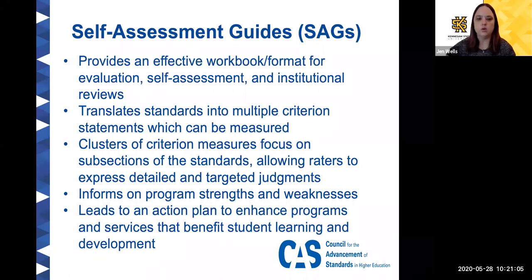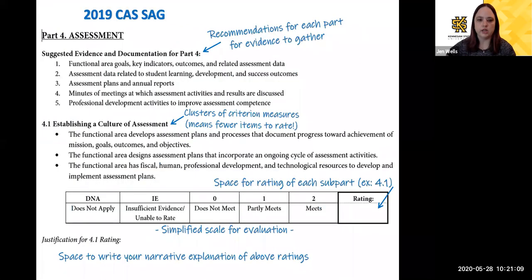And so on the next page, it shows you a vision of what this looks like. This is just one small piece of the CAS SAG. This is the assessment section. This is what we call our general standards SAG, so you're not seeing a specific functional area here. But every section of those parts, those 12, have suggested evidence and documentation.